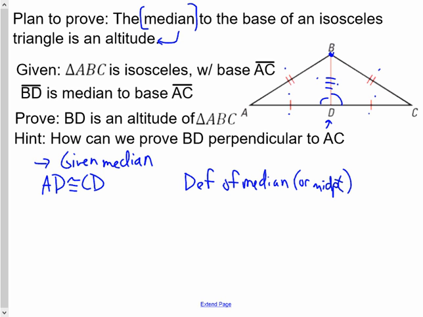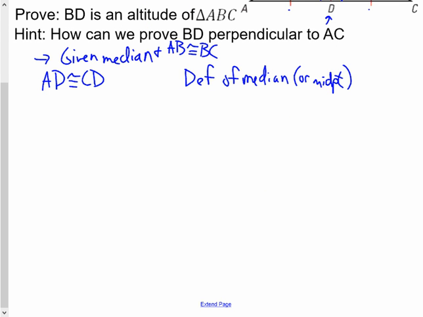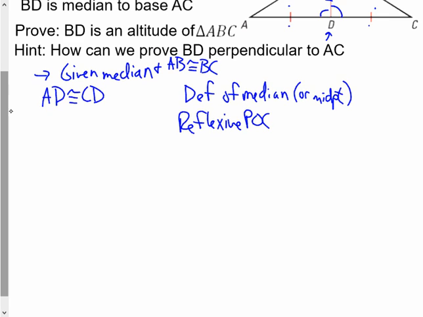We already have AB and BC congruent from the given, based on the definition of it being isosceles. And then we would just need that reflexive, right? To give us the third side, and again, what was that? BD congruent to BD. So the triangles are congruent. We got BAD and BCD. And therefore, angles BDA and BDC are congruent.